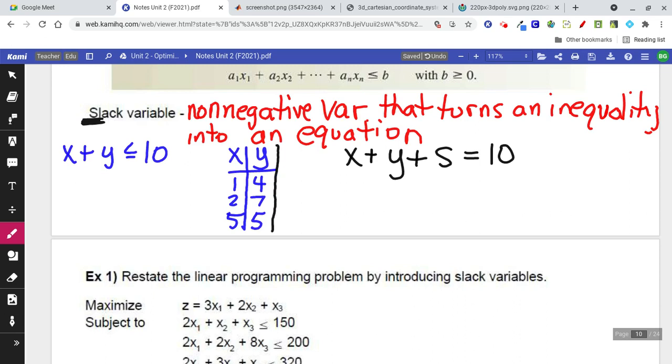So if you think about this table, 1 plus 4 plus 5 equals 10. And 2 plus 7 plus 1 equals 10. And 5 plus 5 plus 0 equals 10. All we did was put some non-negative variable in there, that's going to be important, some non-negative variable that turns it into an equation.